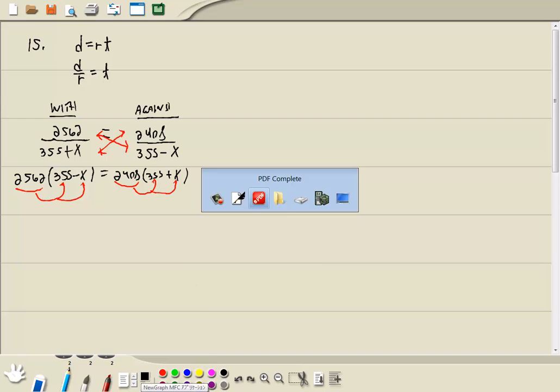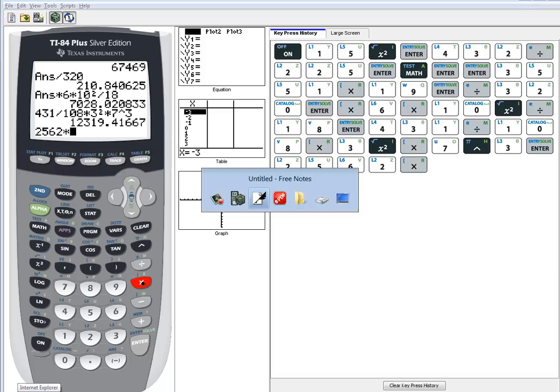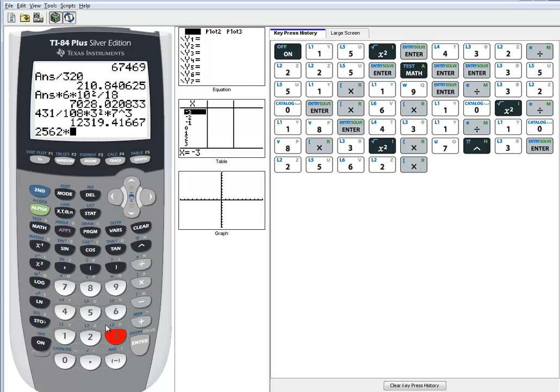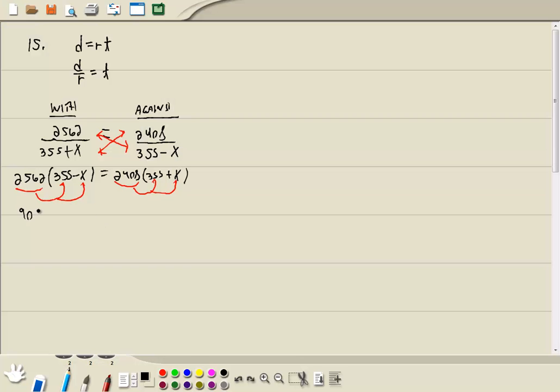So 2562 times 355 gives us 909,510 minus 2,562x.